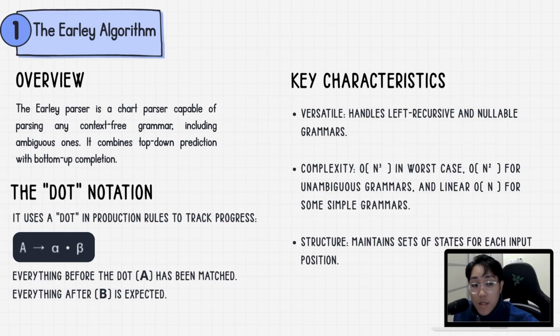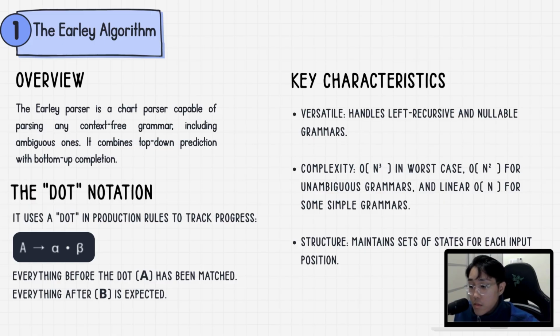Some key characteristics of the Earley parser are its versatility. It can handle left recursive and nullable grammar, and its performance. In the worst case, it runs in cubic time, but for unambiguous grammar, it usually uses quadratic, and for some simple grammars, it can even be linear.